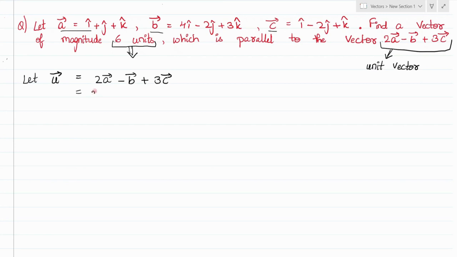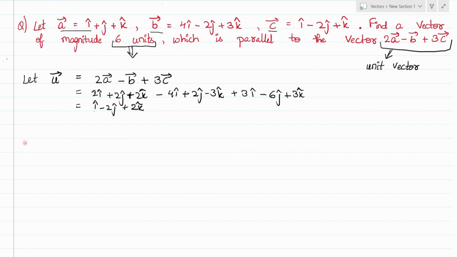So when you multiply 2 with a vector, you'll get it as 2i cap plus 2j cap plus 2k cap, minus of b vector, that is minus 4i plus 2j minus 3k, and plus 3c is nothing but plus 3i cap minus 6j plus 3k cap. Finally you will get it as 2 minus 4 plus 3, that is plus i cap, 4j minus 6j minus 2j cap plus 2k cap.